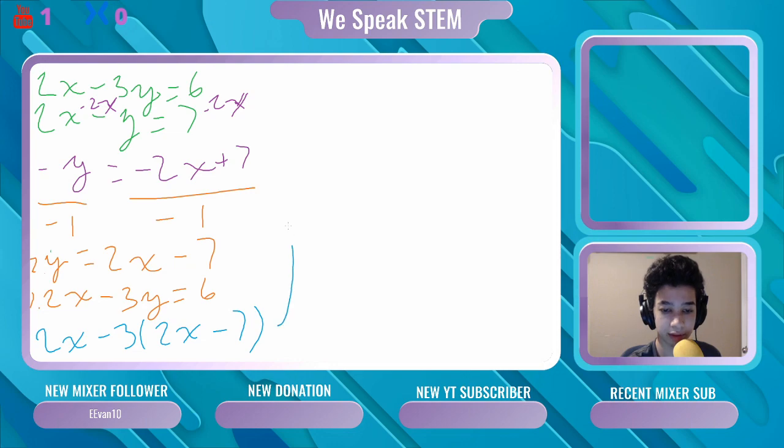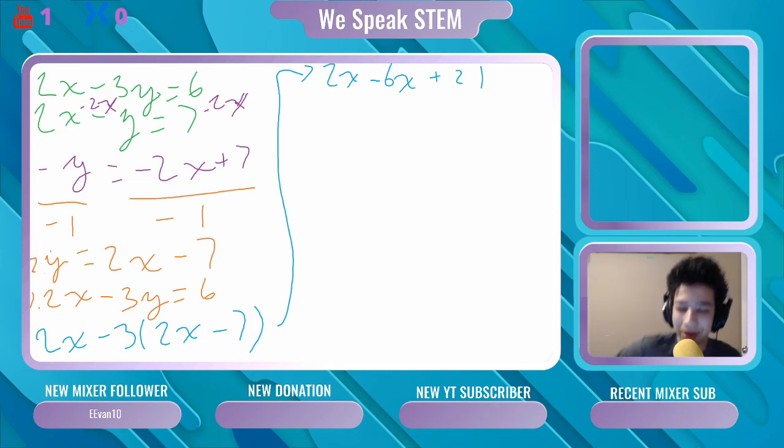And then we'll move this up here. So then we can distribute that, so we get 2x minus 6x plus 21. Okay, that's a bad 21. There we go.